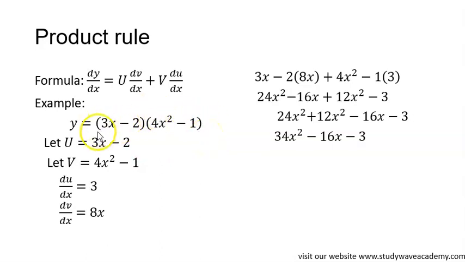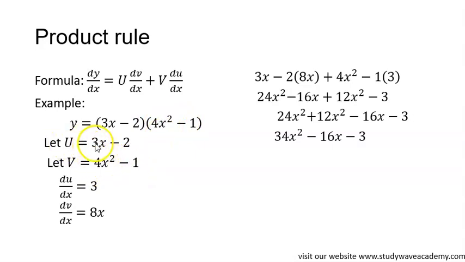So first we will say let u be this inside the first bracket, okay? The function inside the first bracket, which is 3x minus 2. And let v be the second function, okay? This inside the second bracket, the second function, 4x raised to the power 2 minus 1.